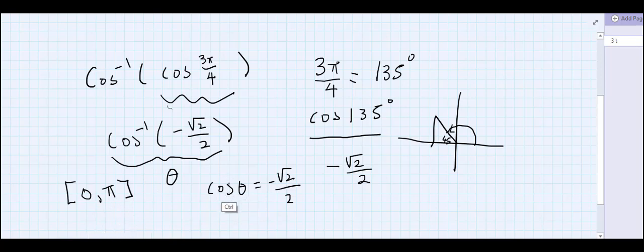So cosine of what is negative radical 2 over 2? Well, that's when theta is 135, or 3 pi over 4. So the answer is 3 pi over 4.